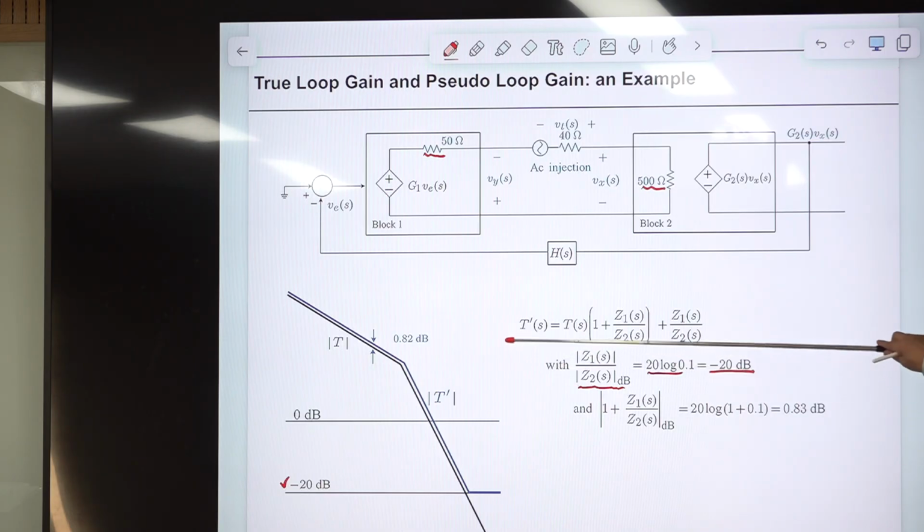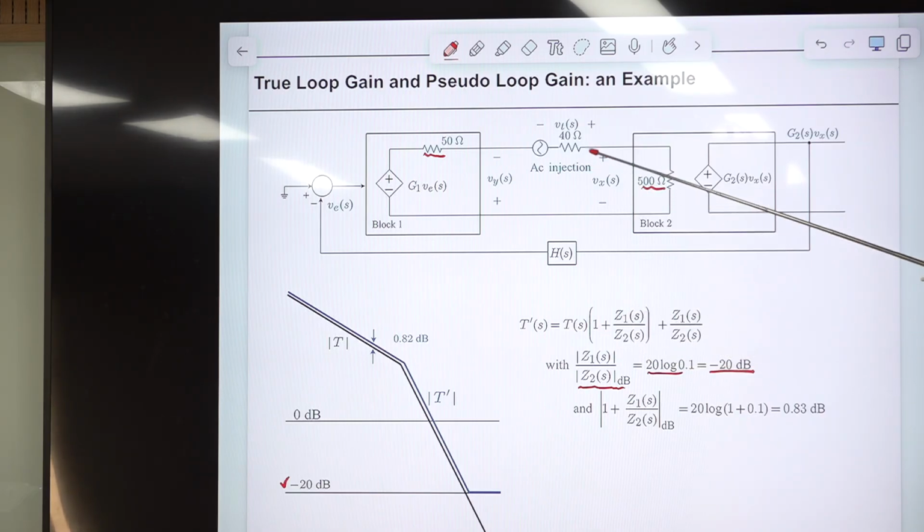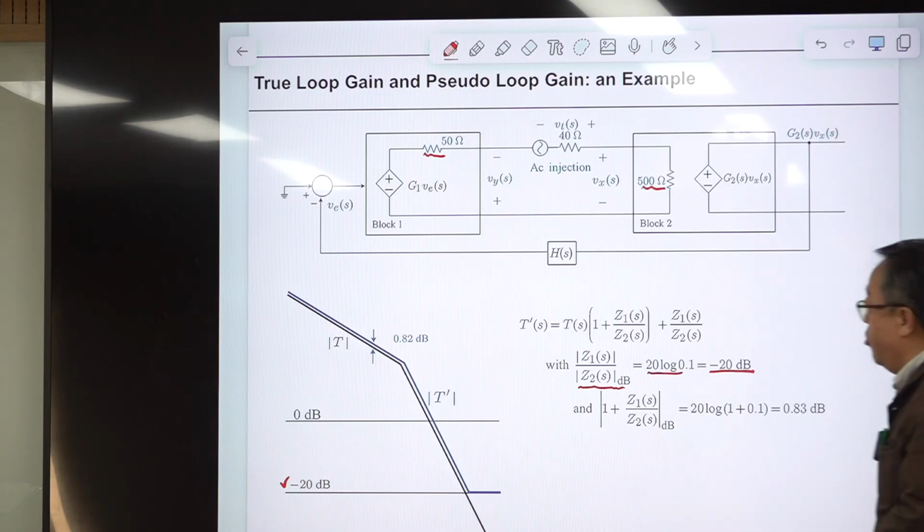This is the fundamental equation we're going to use. It relates the true loop gain and pseudo loop gain in terms of the ratio of these two impedances, and this one is not appearing here. So this can be any number. This 40 ohm is a reasonable number for this.